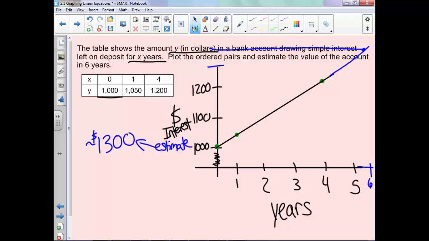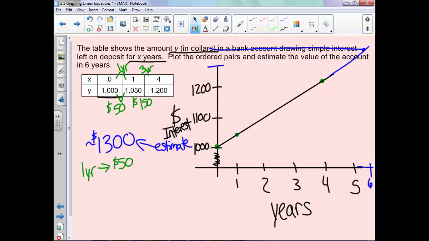Notice here, we jumped 1 year, and we jumped $50. And then here we jumped 3 years, and we jumped $150. So notice 1 year increases $50.